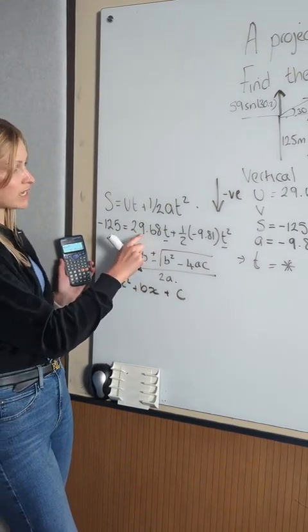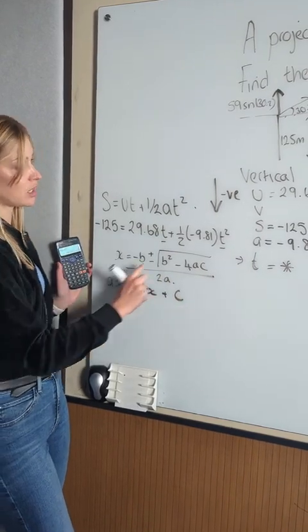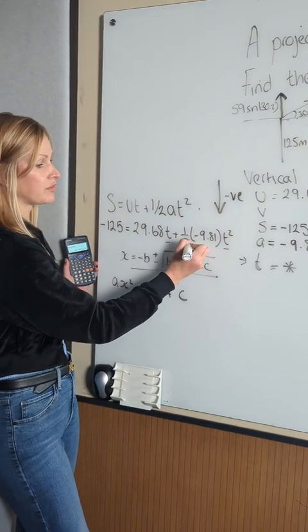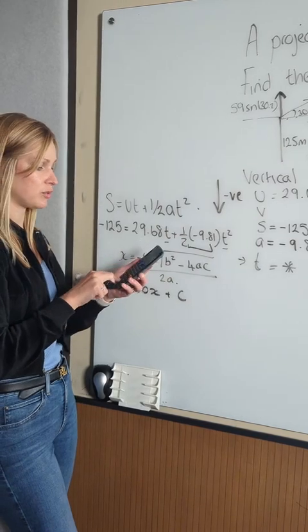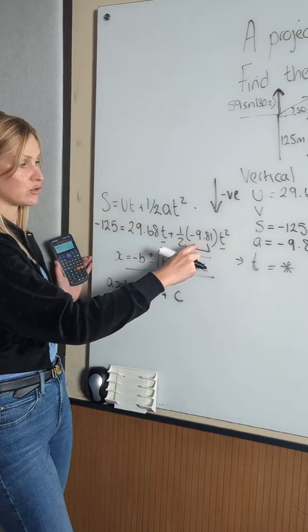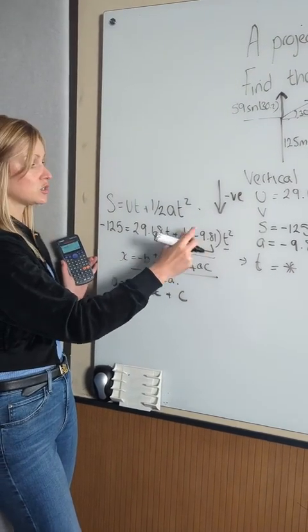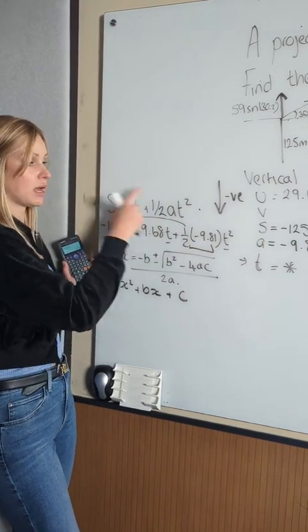So we need to rearrange this equation to have it presented in this form. What I have here, I'm going to simplify negative 9.81 times a half. So 9.81 divided by 2 gives me an answer of 4.905, but it's a negative number. So if I take a negative over the equals, over the magic bridge, it becomes a positive.